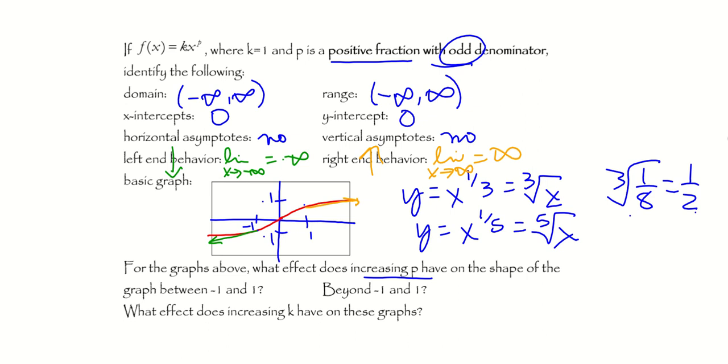So what happens is that in between, these actually go above, but after 1, they go below. So here they get steeper. Here it gets shallower. Again, k is a vertical stretch.